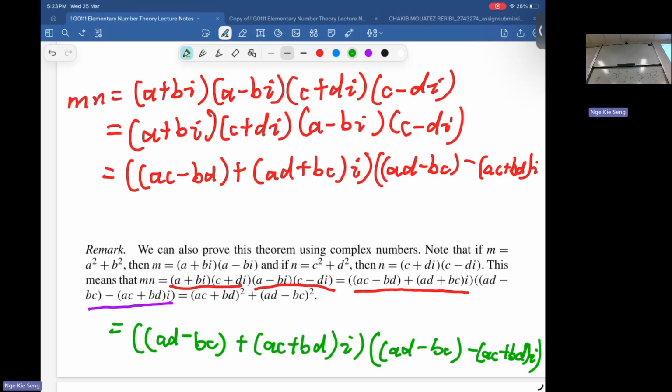Because this is, what I can say, the norm of this complex number here. But then this term is not that term. Then why do you complain like this? Let me see. Oh, I see.